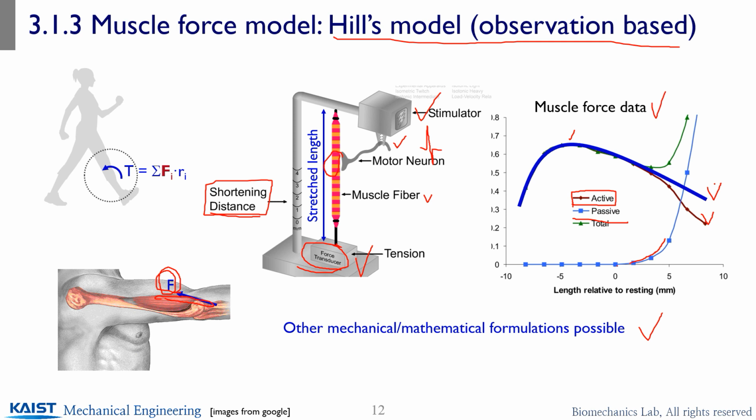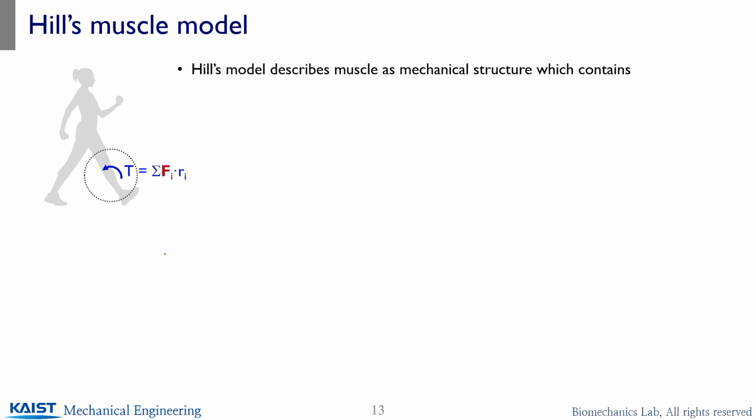But they all still share common factors that I'm going to introduce later for the Hill's model. Also, as we explore more, the models can become more complicated to match real muscle behavior. Researchers continuously study muscle characteristics, and there are new findings that we should add this component to better represent the muscle model.